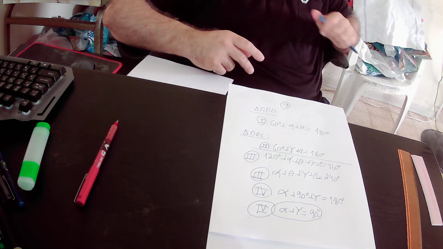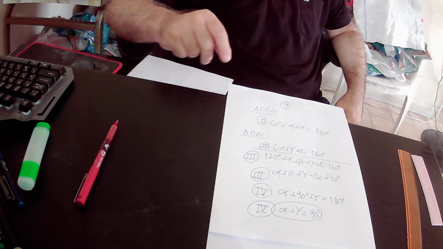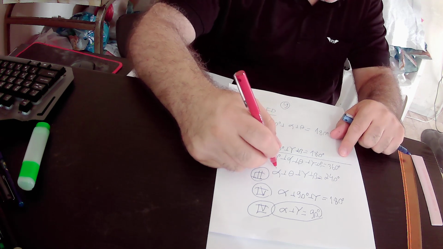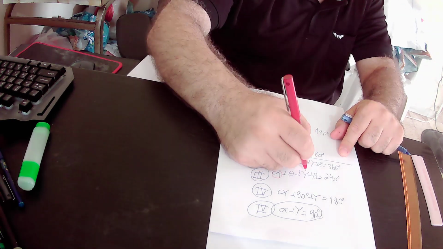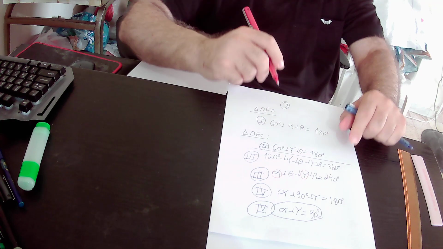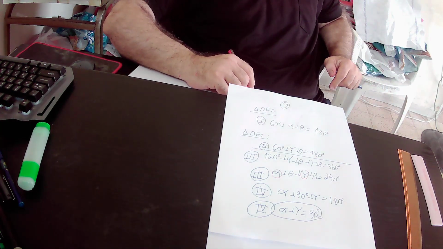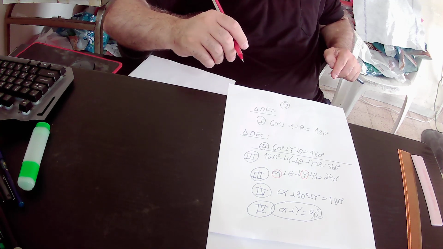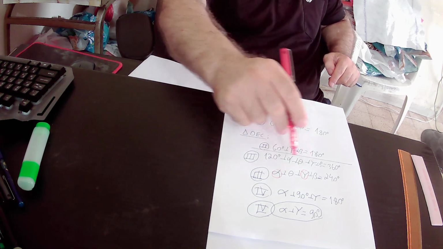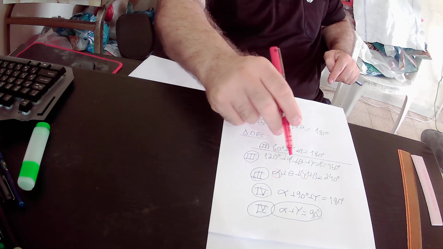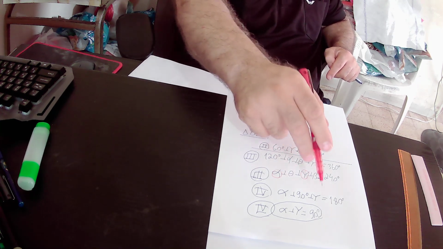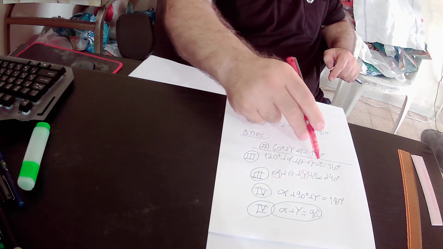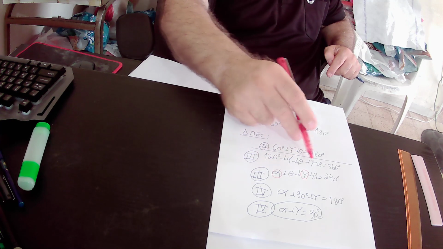Okay? But in the third equation, we have alpha plus gamma. So we actually can substitute alpha plus gamma in the third equation by 90 degrees, because alpha plus gamma equals 90 degrees. Okay, we will substitute alpha plus gamma in the third equation by 90 degrees.